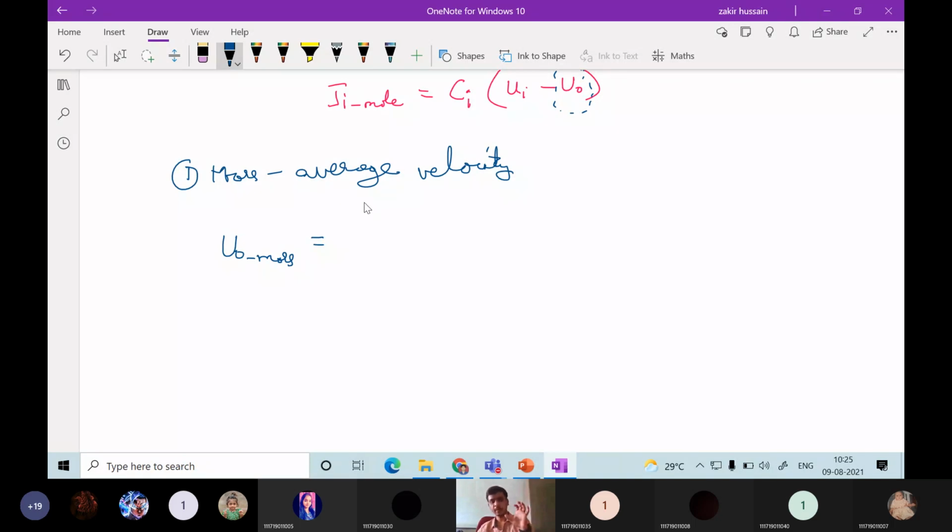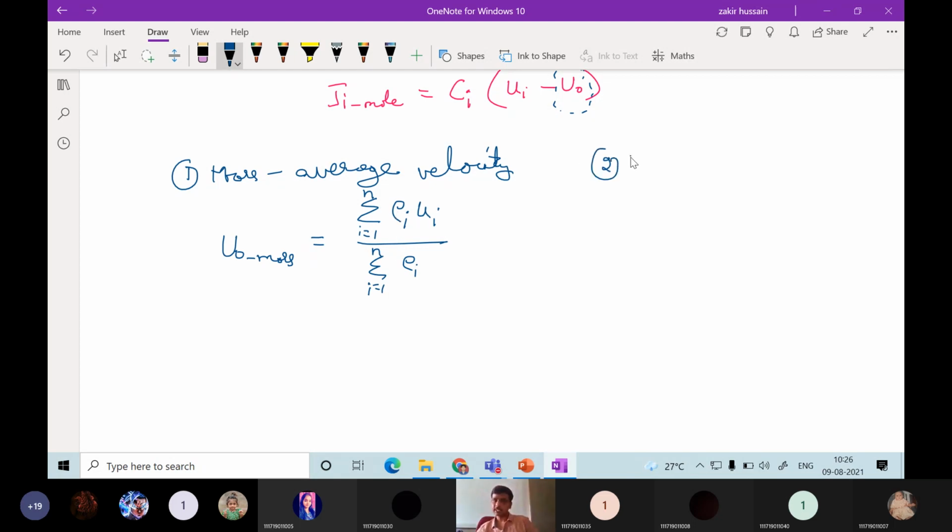Its definition is the summation from i equals 1 to n, that is from one species to n species, the number of fishes inside, of mass concentration rho i times u i, divided by the summation from i equals 1 to n of rho i. This is the mass average velocity when mass quantities are given.